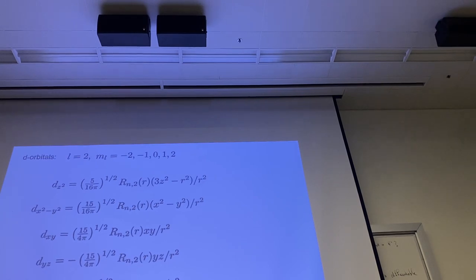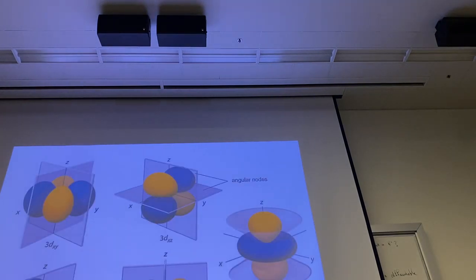To construct the px and the py, we made linear combinations. These too are the result of some playing around and making combinations such that all of these represent standing waves. We do that because that helps us visualize what these orbitals look like. This is what they look like. You have seen them before.